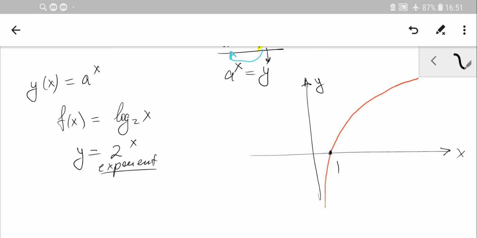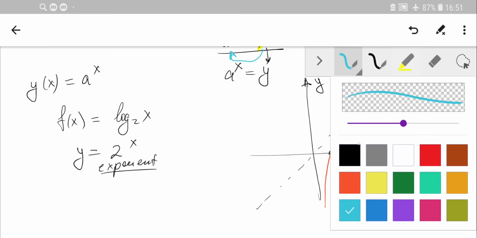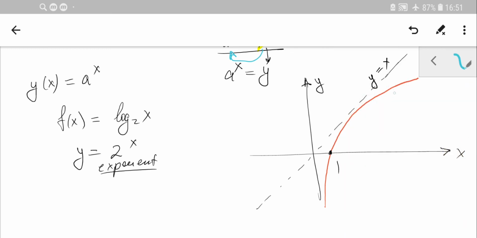So remember the reversing technique: if you use simple graphing, you just need to draw the identity line, y equals x, and simply reflect your log function in this line, and the reflection will look like this.